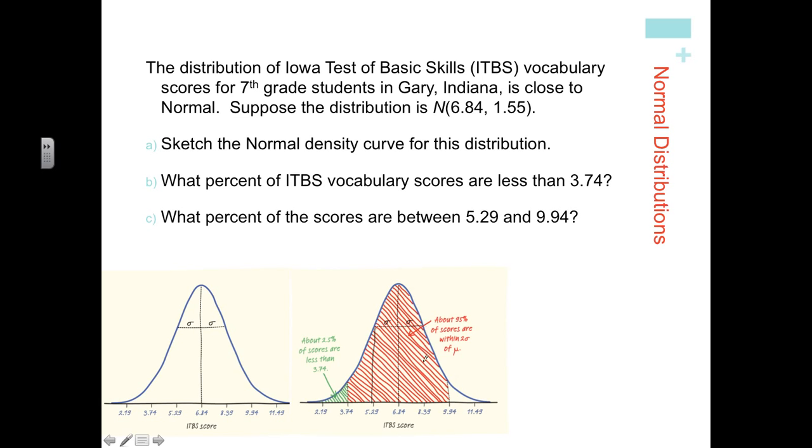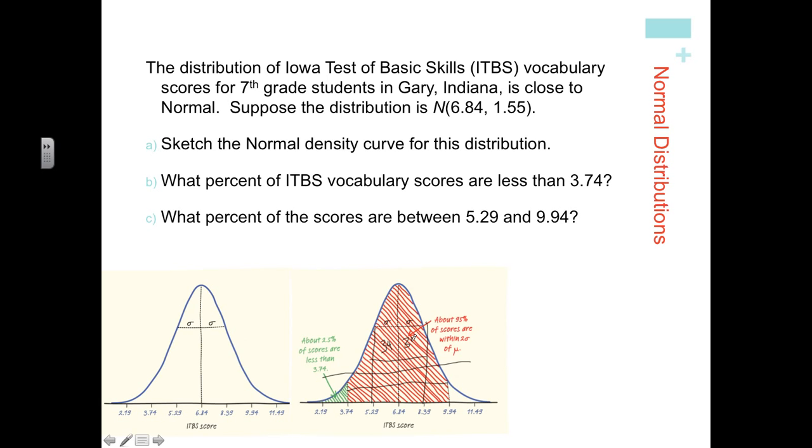Between here and here, you know that accounts for 68%. Here's 2 standard deviations, so there's 95%. Then from here to here would be your 99.7%. As you subtract out, you know your 68 cut in half would be 34 and 34.